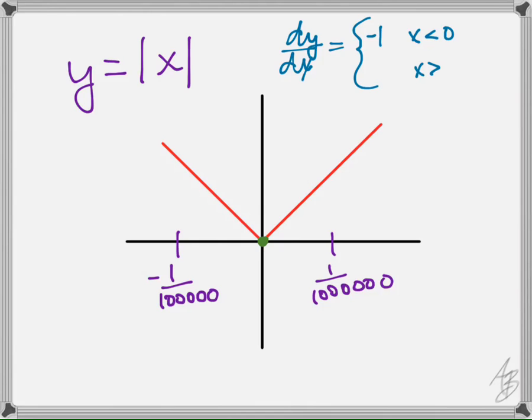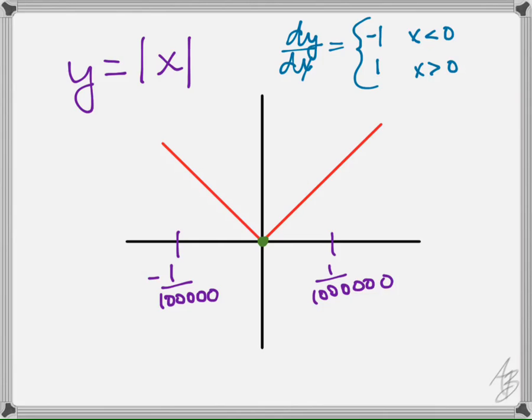If x is greater than 0, the slope is +1. Where we run into trouble is when x equals 0. Okay? We can't just pick one and say, I like -1 better than +1, so that's going to be the slope. Or I like +1 better than -1. There's nothing here that says that -1 or +1 is going to be the slope.